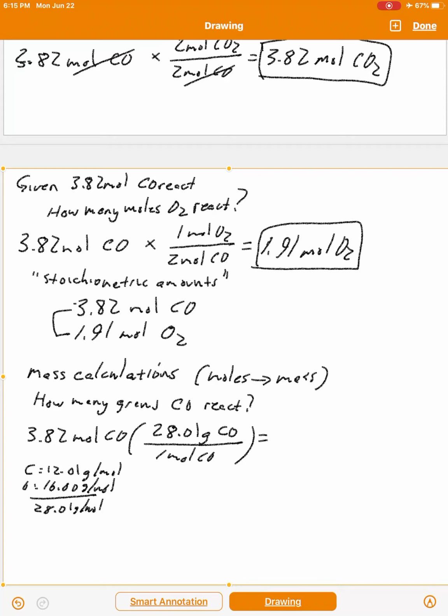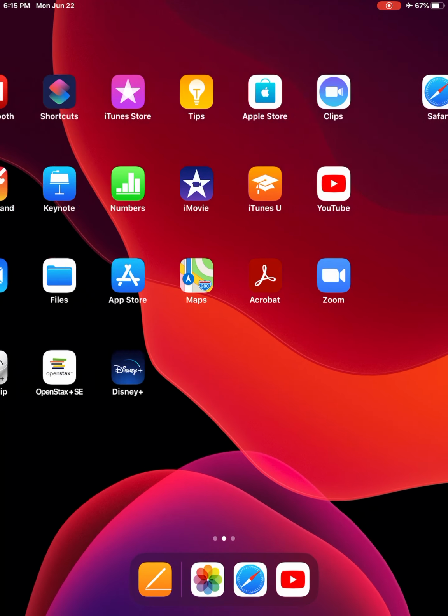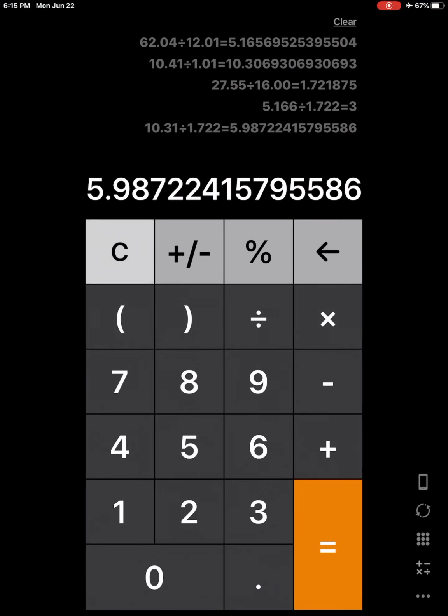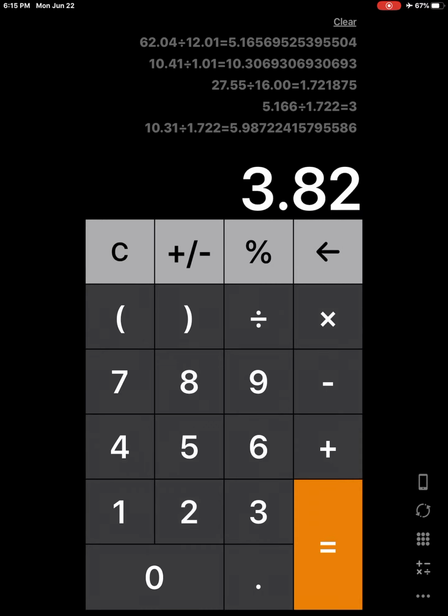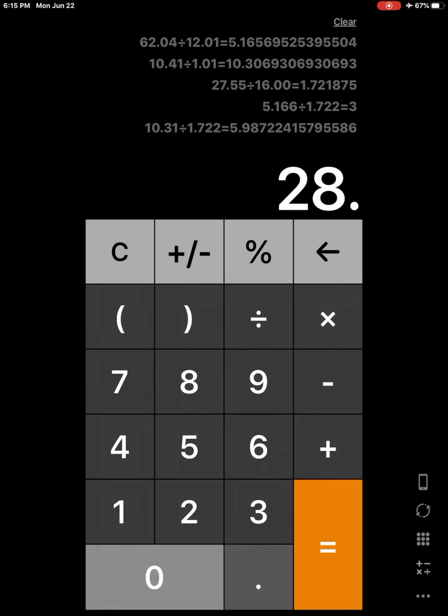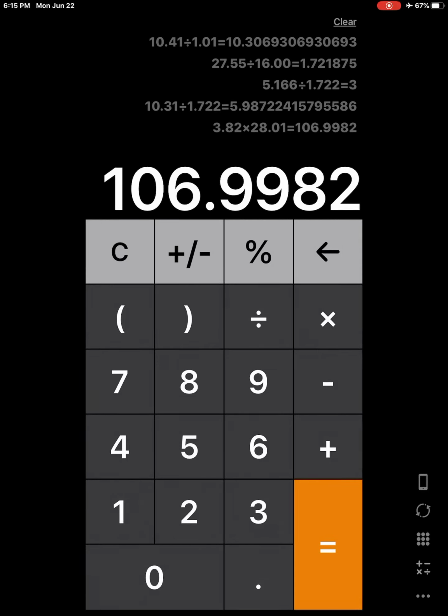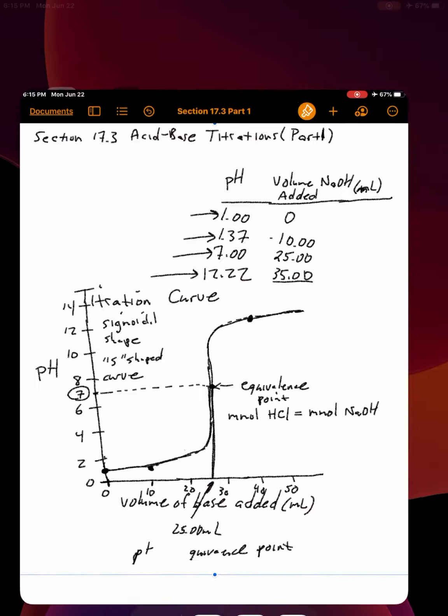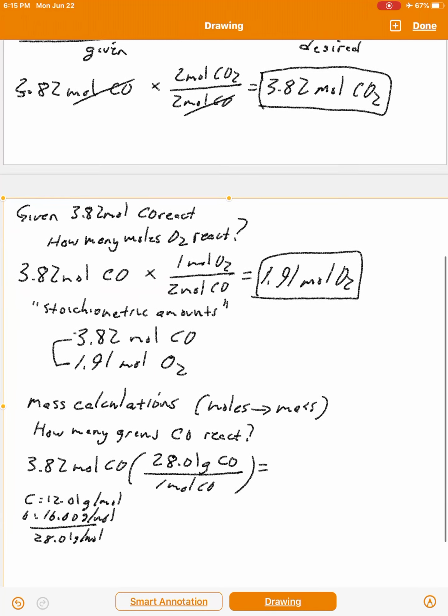So 3.82 times 28.01 and you get, what is it? 106.99. I'm going to round that to 107. 3 sig figs.